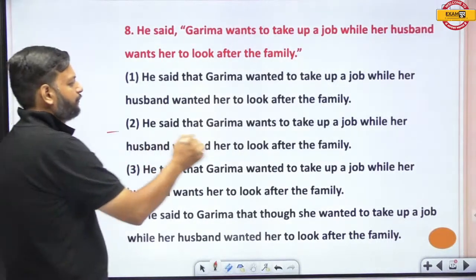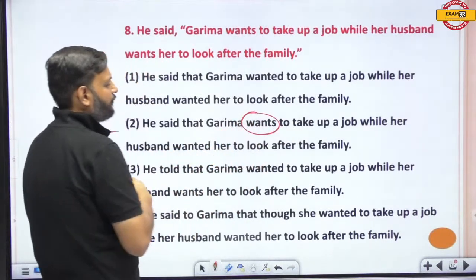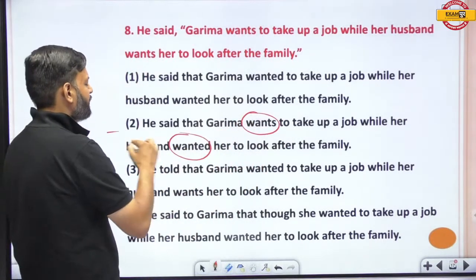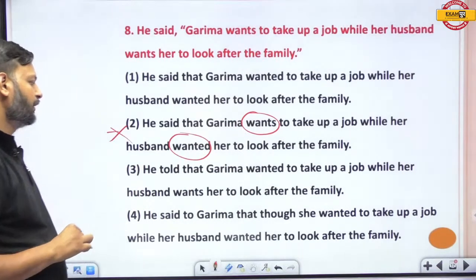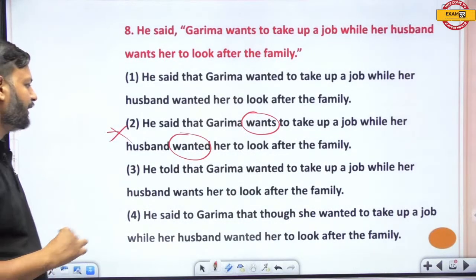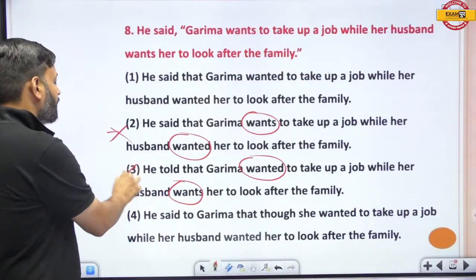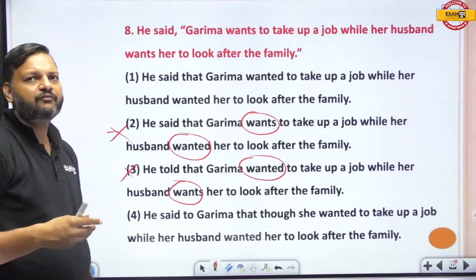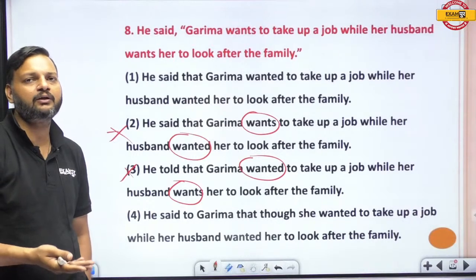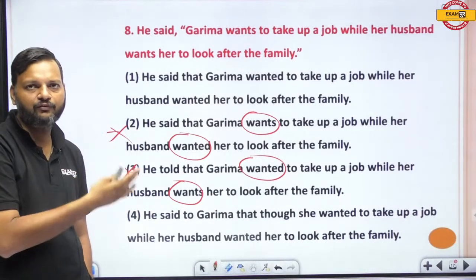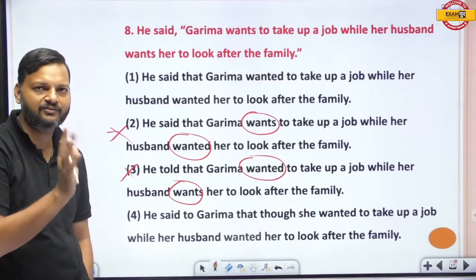In the second option, one verb has not been changed while the other has been changed. This is not allowed. In the third sentence, again one verb has been changed and the second verb has not been changed, not allowed. If you have to change the verb, change the whole sentence. You cannot do this, like one verb has been changed and the second one is still the same.